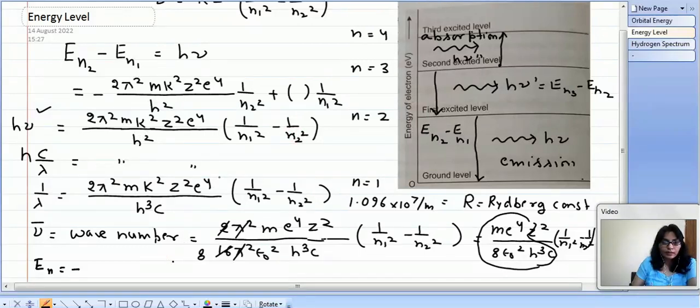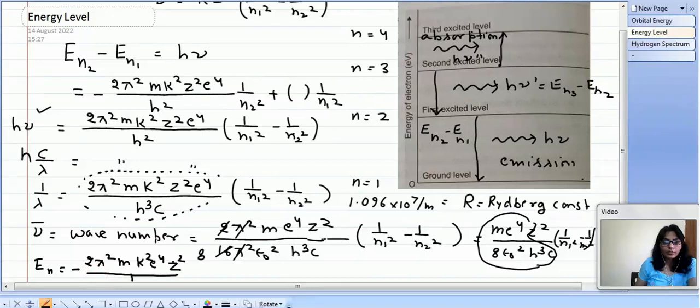This whole factor is for energy. So En is equal to minus 2 pi square m k square e to the power 4 Z square upon h square into 1 upon n square. This was the value of energy.